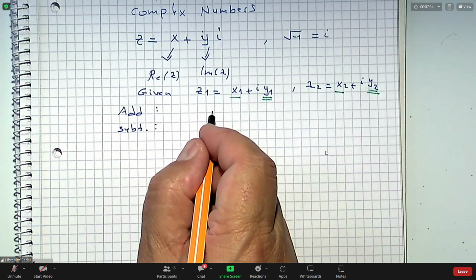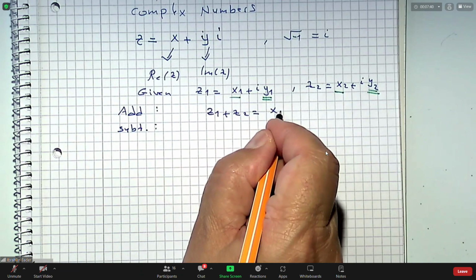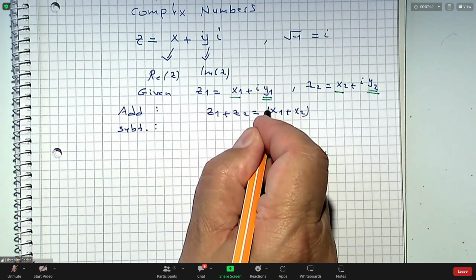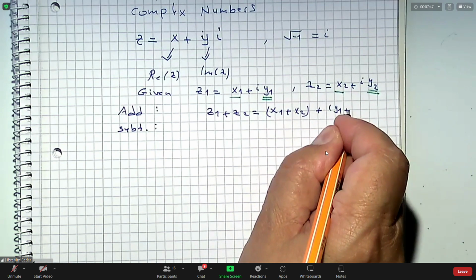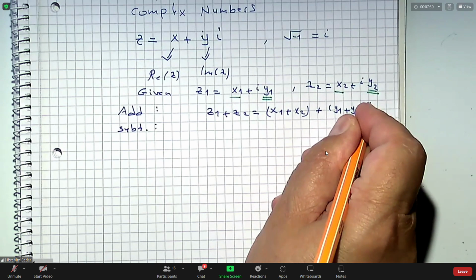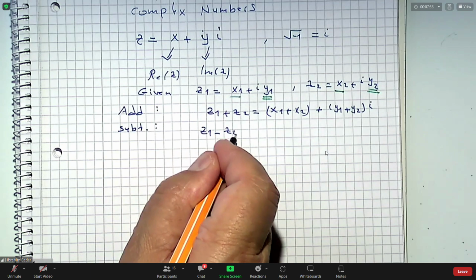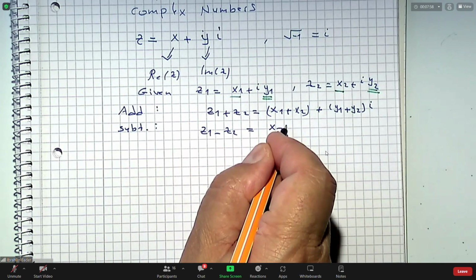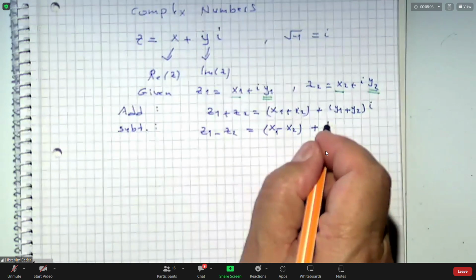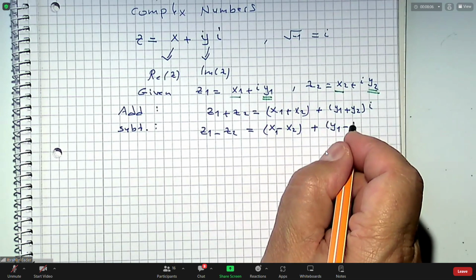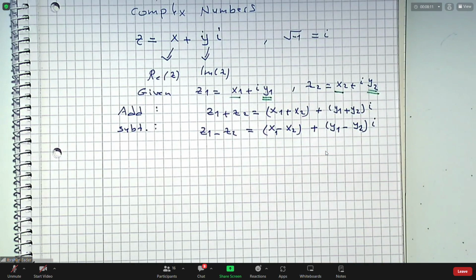So here, let me just define z1 plus z2. So I add x1 plus x2, and this will form the real part of the sum, and here y1 plus y2 with i in front or after, and here z1 minus z2, and here you need to just make sure that you have the correct sequence here, because as you know, the subtraction is not commutative.